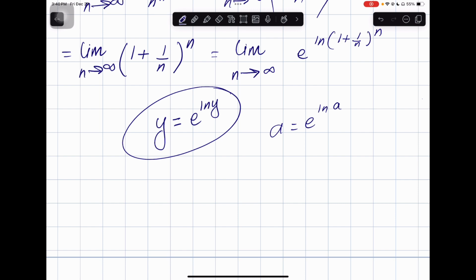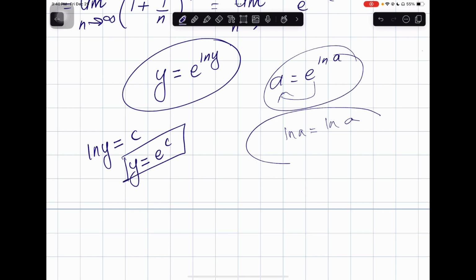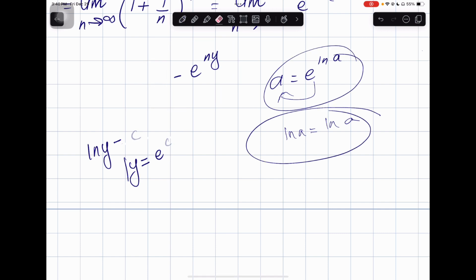So if you just go one step backwards, then let's say if ln y is equal to c, then you can write y is equal to e to the power c. So this is the same concept over here and here.